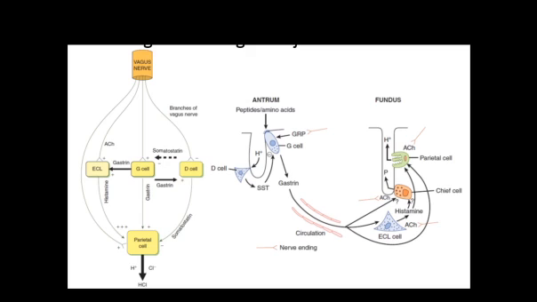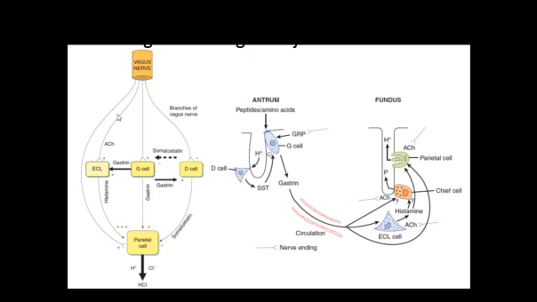So this vagus directly stimulates the parietal cells and zymogen cells, the chief cells, to secrete hydrochloric acid and pepsin. Okay, you can see in this graphic that HCl and pepsin are being stimulated directly by vagus.